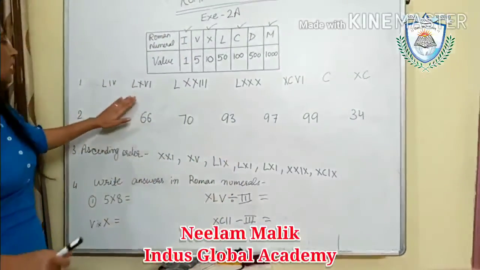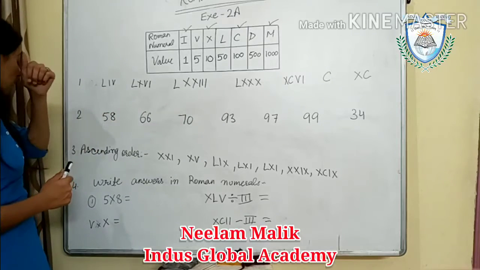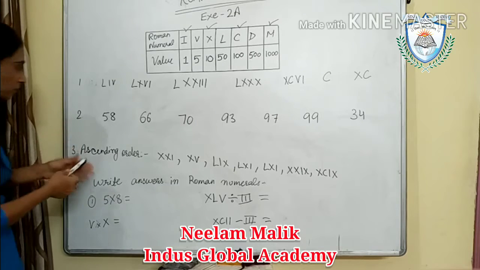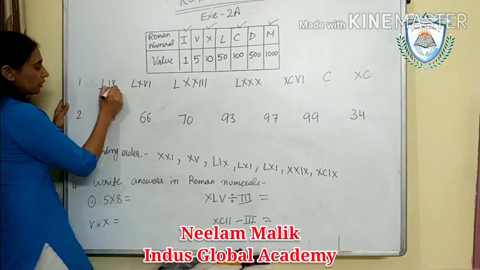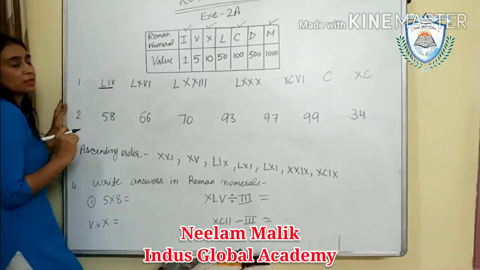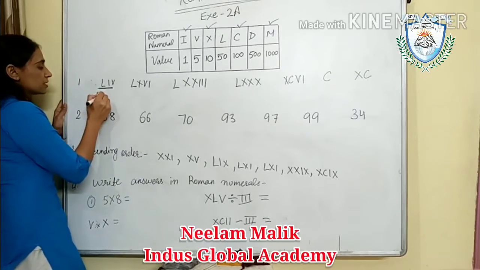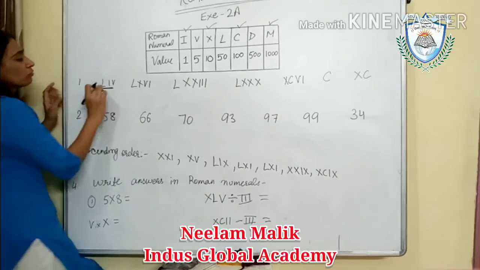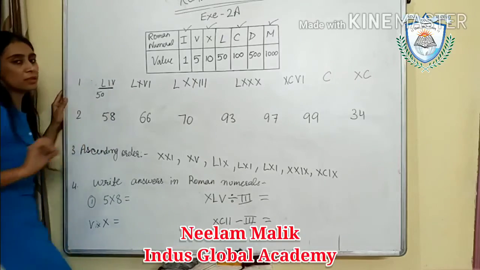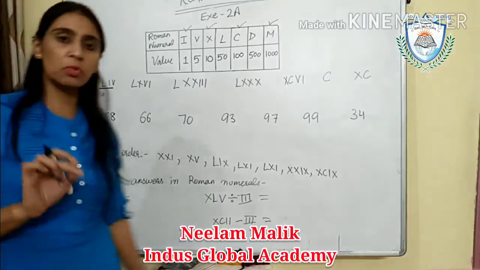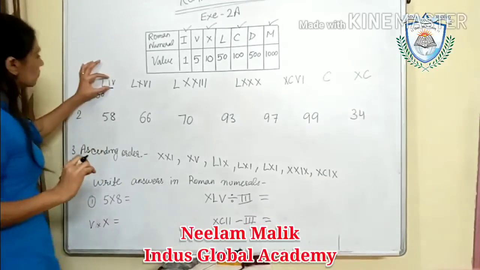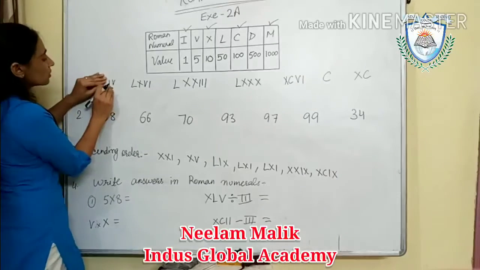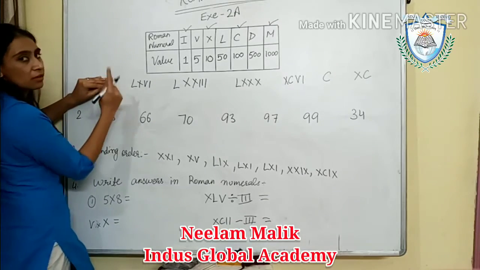So let's start with the very first. Here we have to write their values. So what is this? L means 50. Yes, L means 50. What is this? I told you, when a numeral containing a small value is between two greater numerals, we will consider it with the numeral on the right hand side.